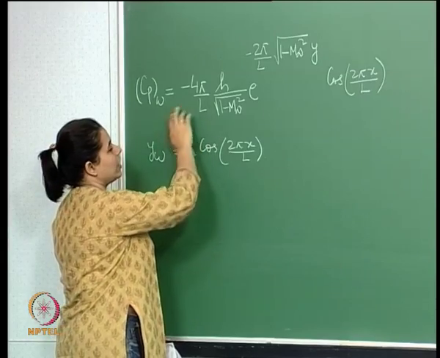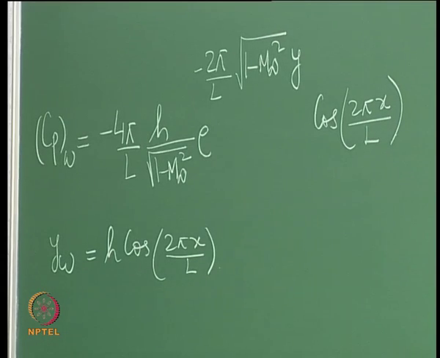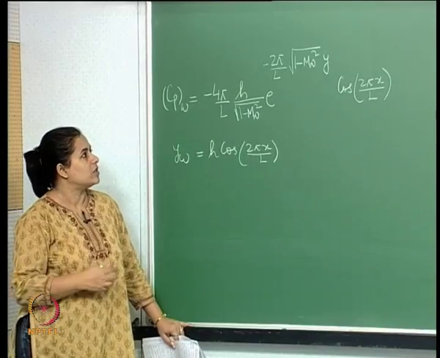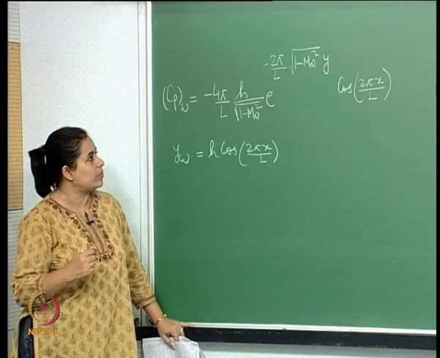However, this is at 180 degrees phase lag because of this negative sign, as a result of which we saw that there was no horizontal component of this pressure, as a result of which there was no drag. So which was the commonly known D'Alembert paradox.